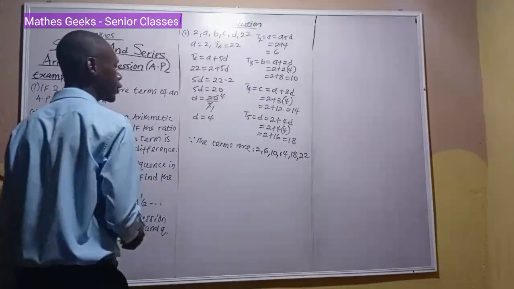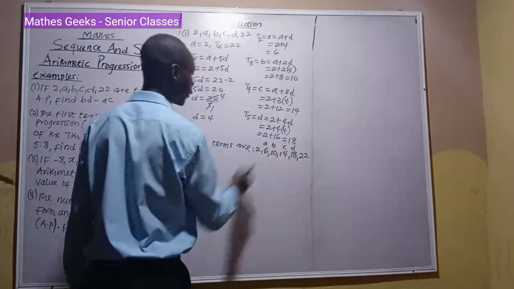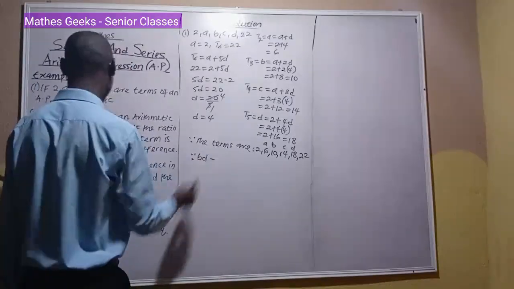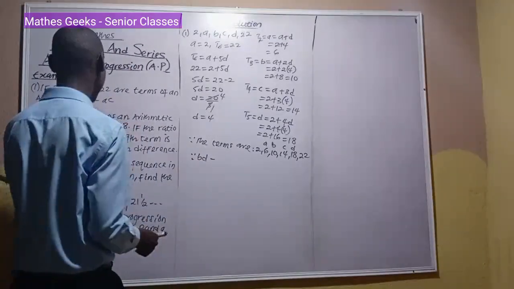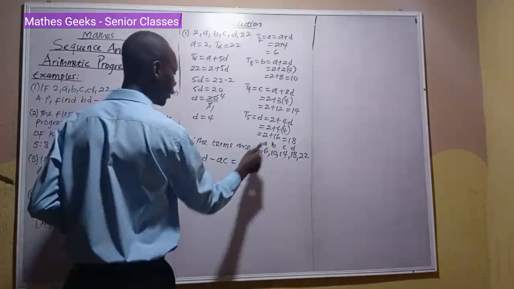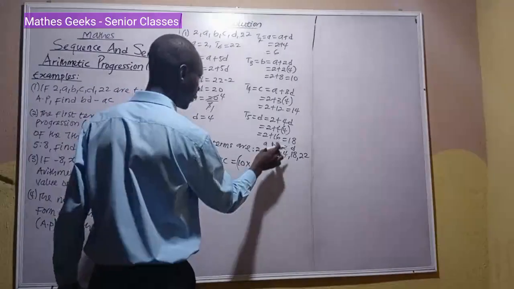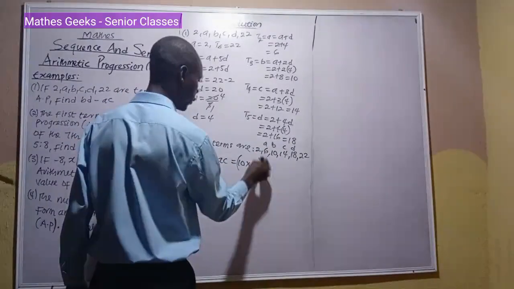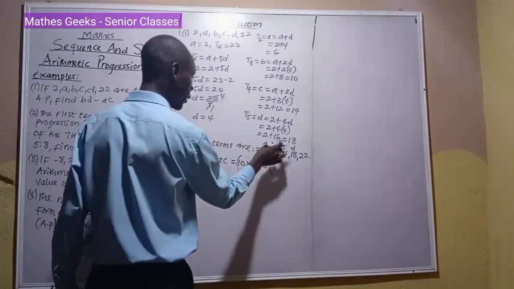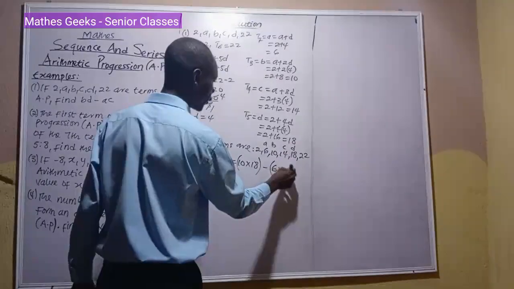So the question says we should find the value of BD minus AC. BD minus AC is equal to B is 10, D is 18, so 10 times 18, minus AC, where A is 6 and C is 14.